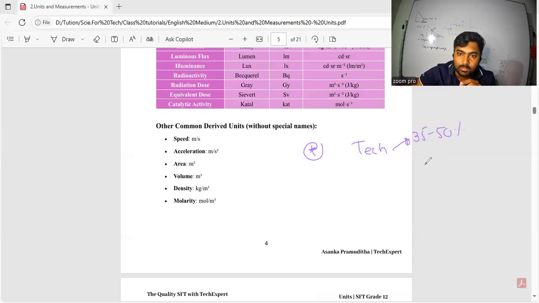That means, in other words, around half, 50%, have failed. And compared to last years, results are moving down.